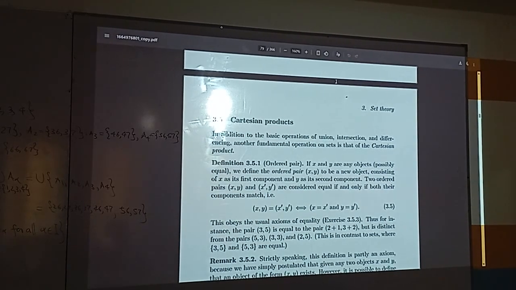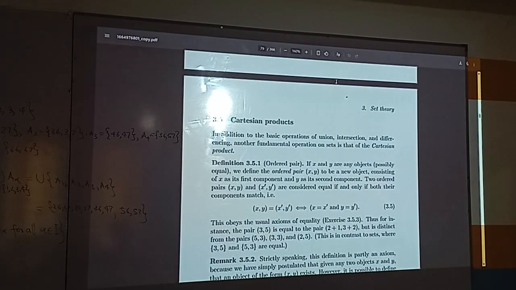In addition to the basic operations of union, intersection and difference, another fundamental operation on sets is that of the Cartesian product. Ordered pair: if x and y are any objects, possibly equal, we define the ordered pair (x, y) to be a new object, consisting of x as its first component and y as its second component.